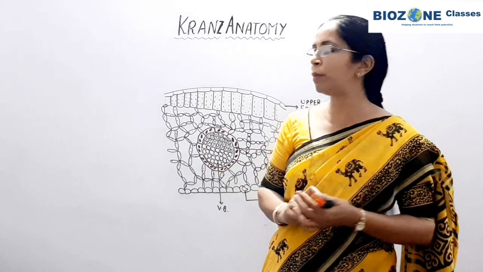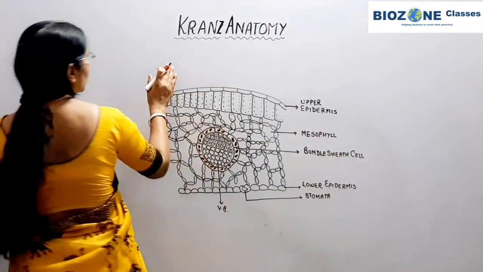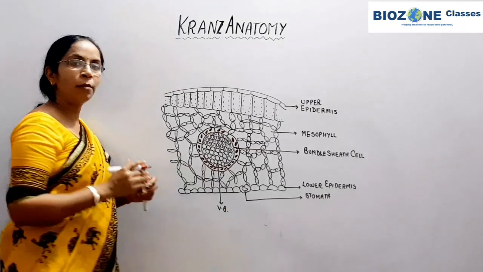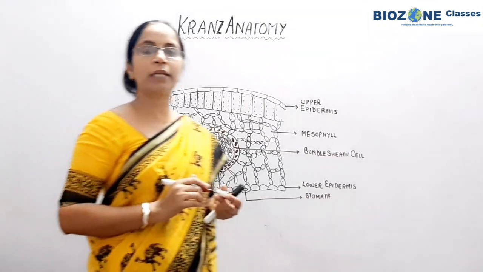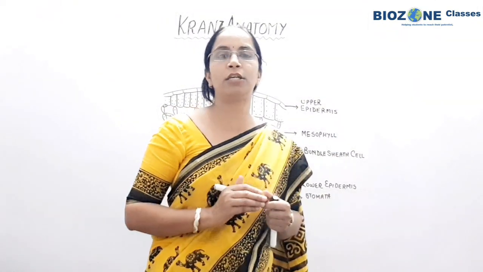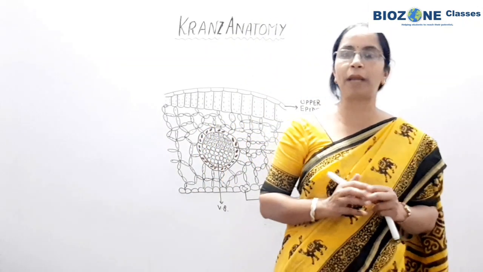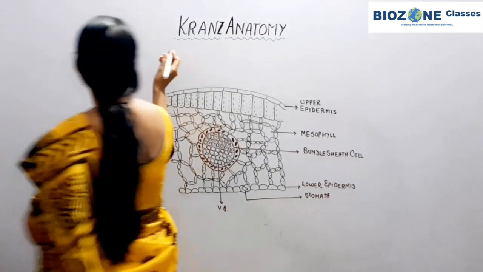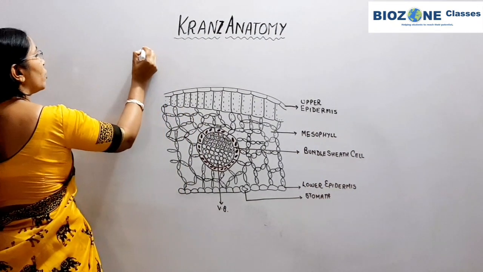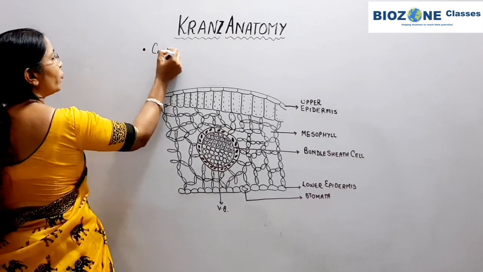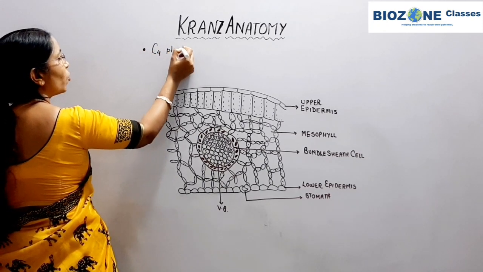One thing you remember: when you study Kranz anatomy, first understand what it is and why it is more important in C4 plants. The Kranz anatomy is the identical feature of C4 plants.